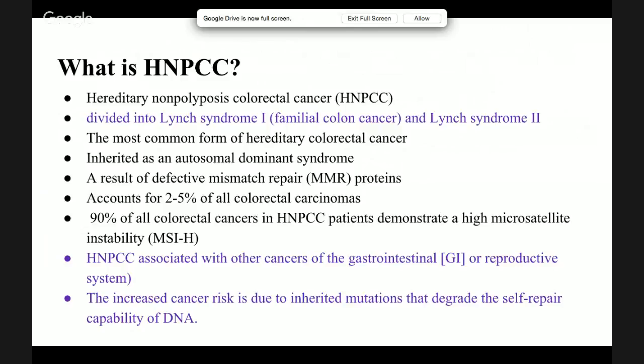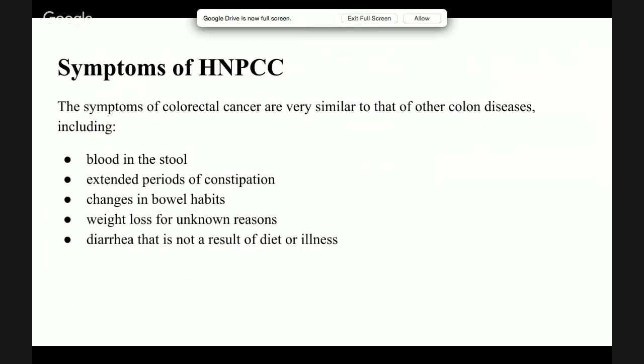It accounts for 2 to 5% of all colorectal carcinomas, and 90% of all colorectal cancers in HNPCC patients demonstrate a high microsatellite instability. HNPCC is associated with other cancers such as GI cancer or reproductive system cancers, and increases in cancer risk are due to inherited mutations that degrade the self-repair capability of DNA, so the ability for the genes to repair themselves.